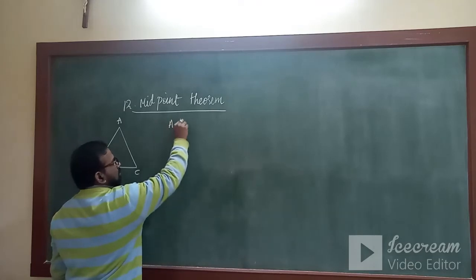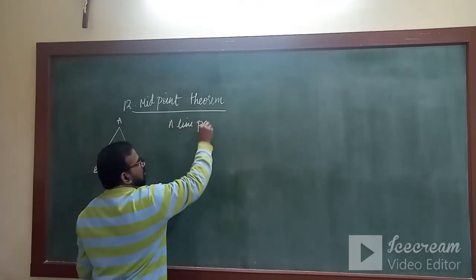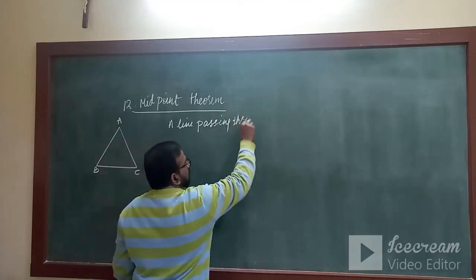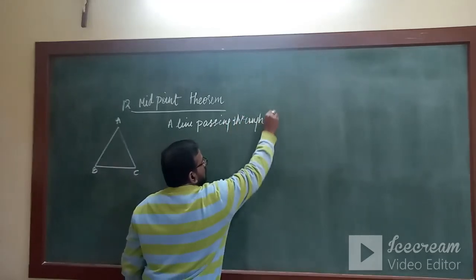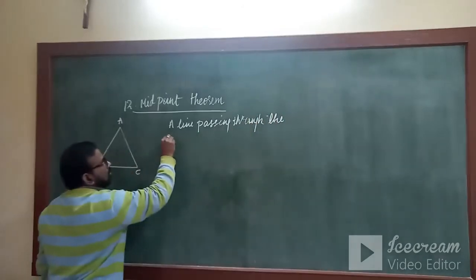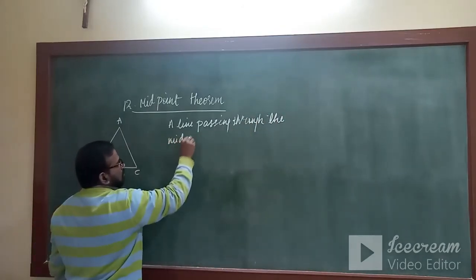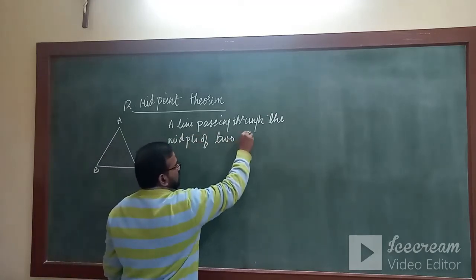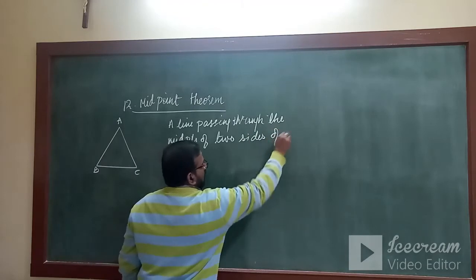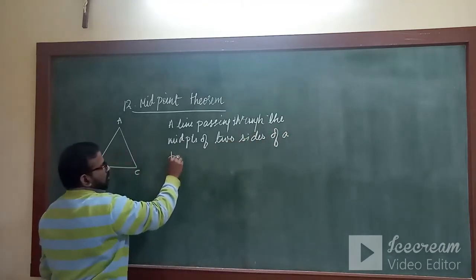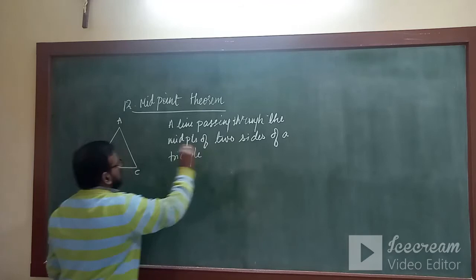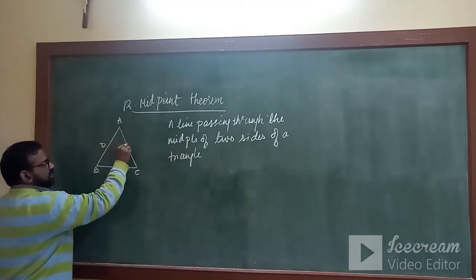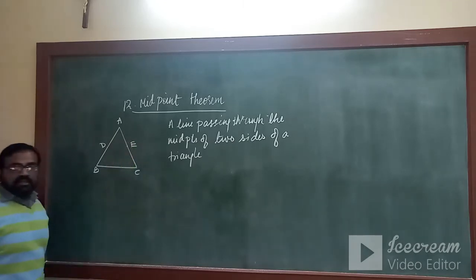A line passing through the midpoints of two sides of a triangle. Okay, so suppose this is a triangle and suppose D and E are the midpoints of the sides.